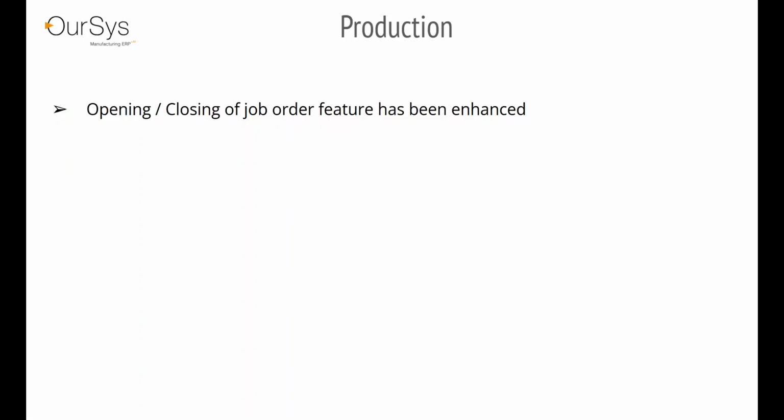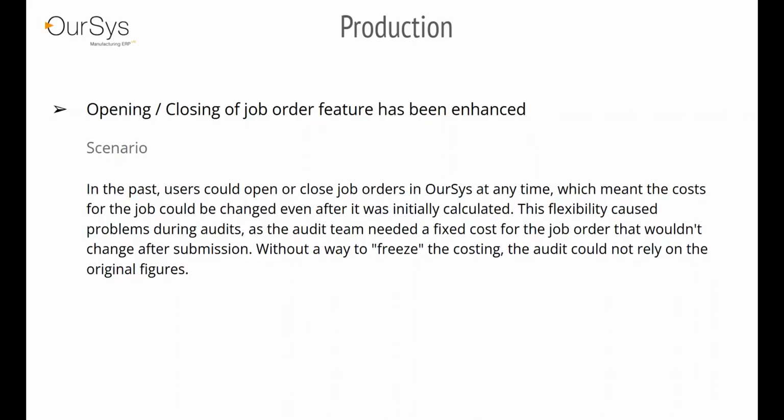Opening and closing of job order feature has been enhanced. Earlier, users could open or close the job order in OurSys whenever they wanted, which means the costing of the job order used to change after the initial calculation. This flexibility created problems during audits because the audit team needed a cost that stayed the same after it was submitted.